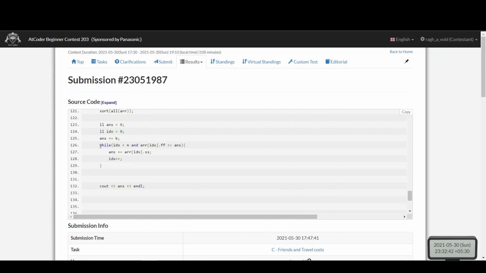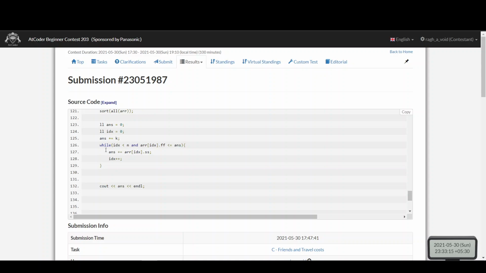Now I'll iterate through all of my friends' houses. That is, I'll continue until I have gone through all of my friends, or if I can't reach my next friend. Currently our answer variable stores k, that is the farthest house we can reach till now. What this condition shows us is that if the village of the very next friend has a value greater than the farthest village we can reach right now, then we'll break out.